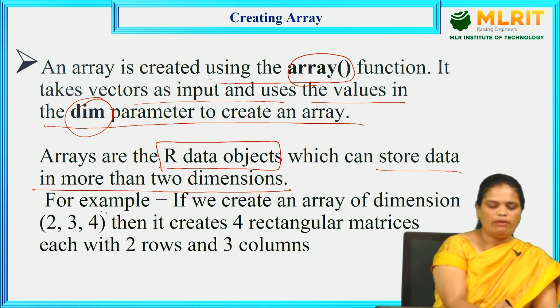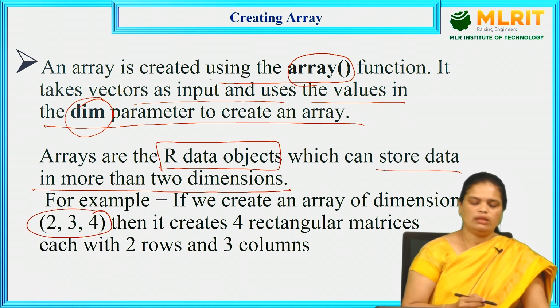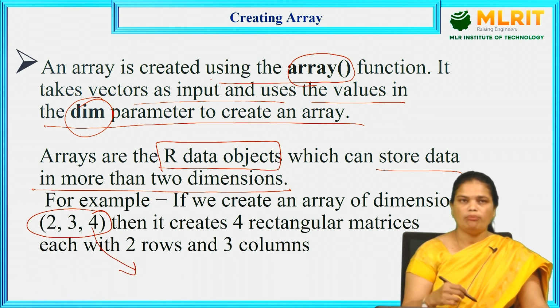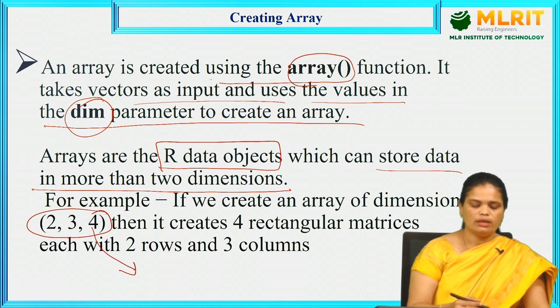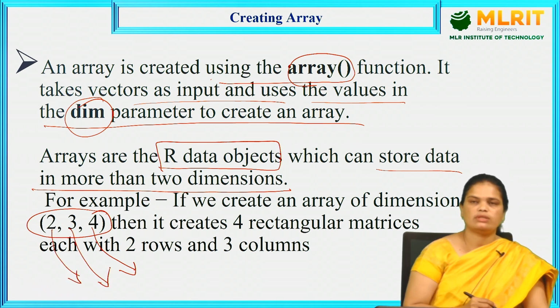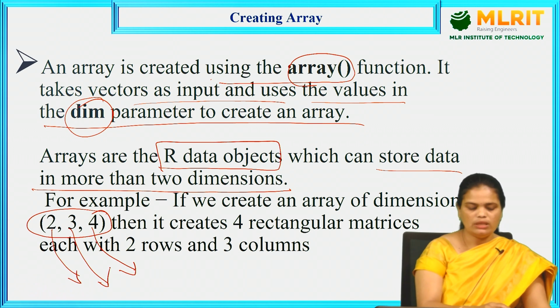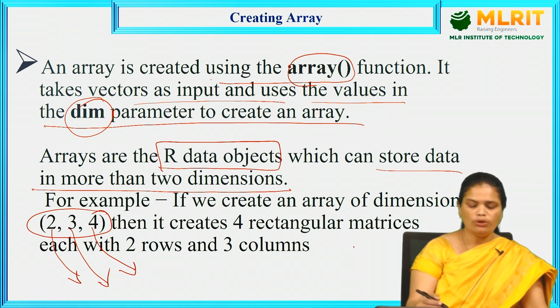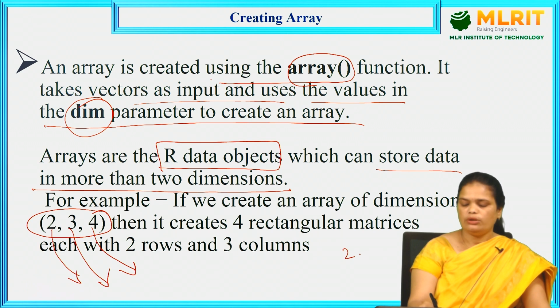Suppose you are having the value like this in the array. It indicates you have to create 4 arrays with 2 rows and 3 columns. So this is the representation. If I want to create more arrays, 2 rows, 3 columns, I want to create 10 arrays.